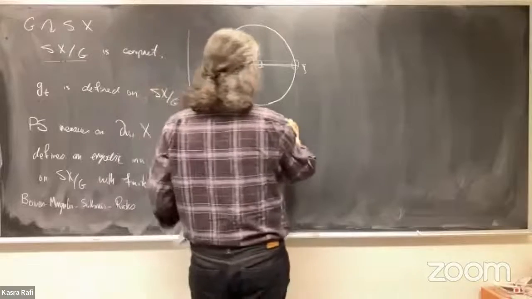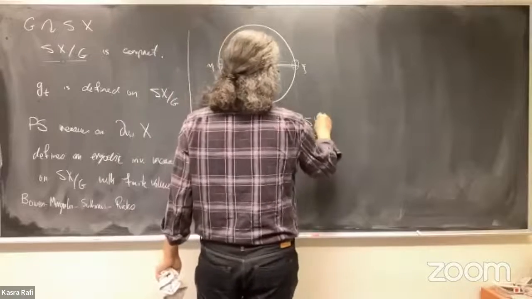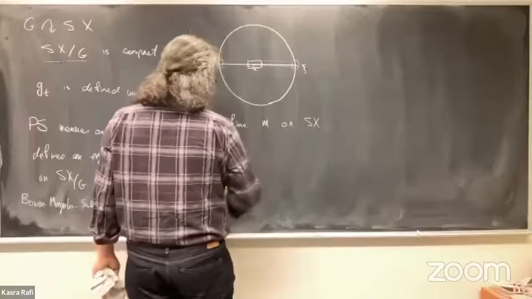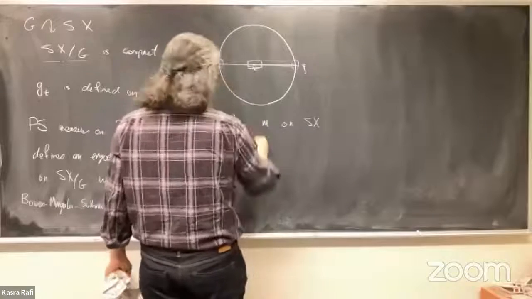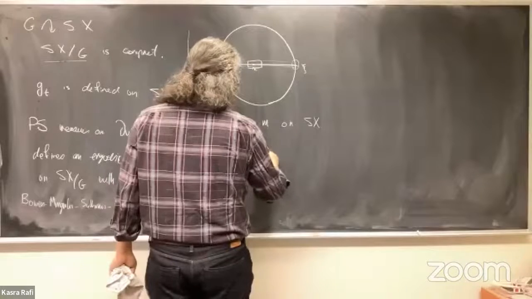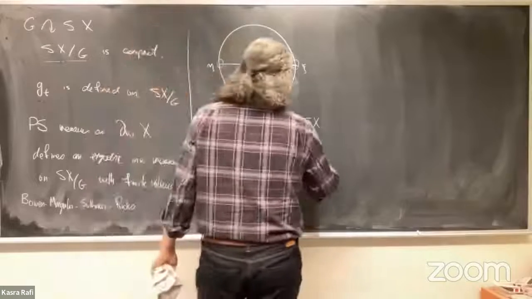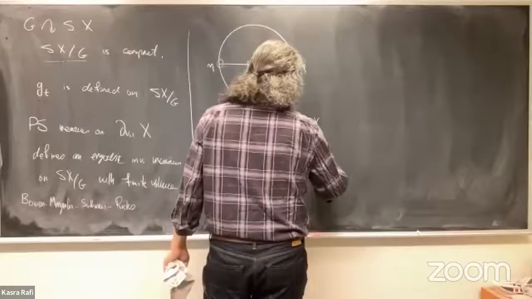So define M on SX as a measure defined like that. The density of M at any point, which I write as (eta, xi, x), is going to be d mu x.